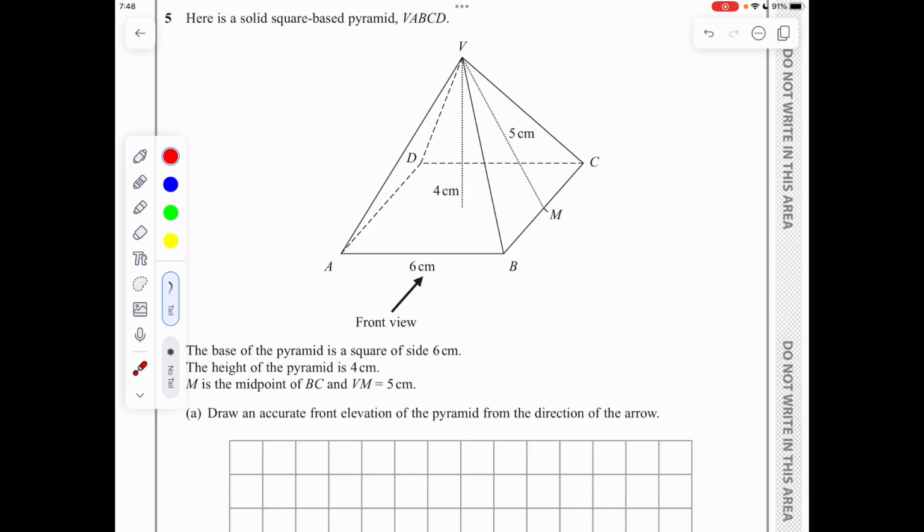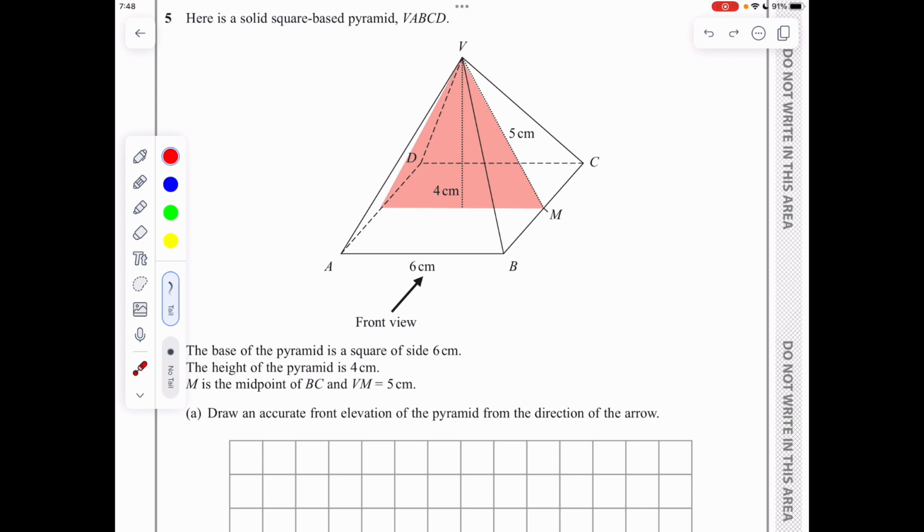In question 5, we're given a solid square-based pyramid VABCD. We are asked to draw an accurate front elevation of the pyramid from the direction of the arrow. So if we look at the pyramid this way, we will be seeing essentially the cross-section which we have highlighted here.